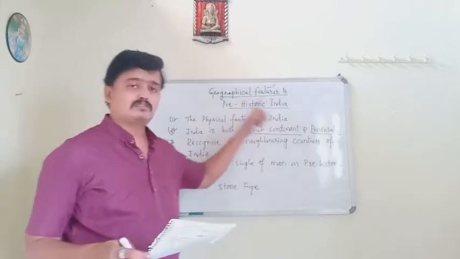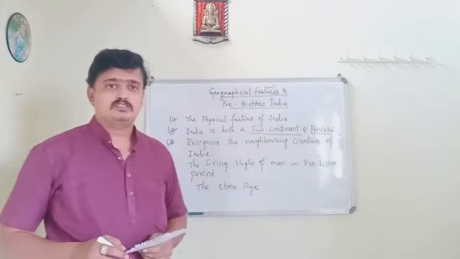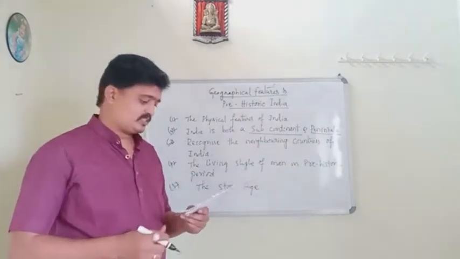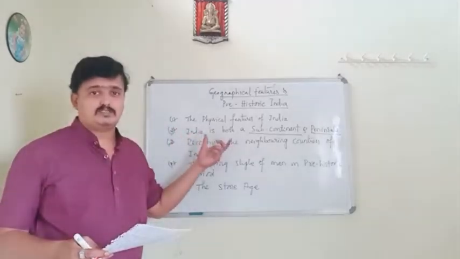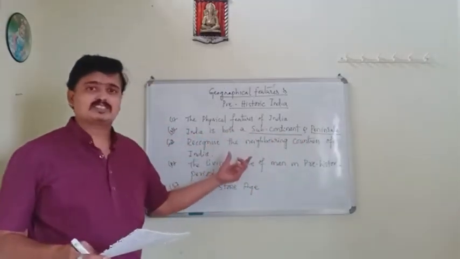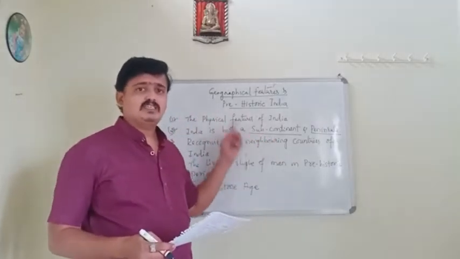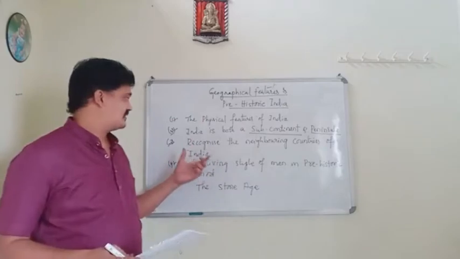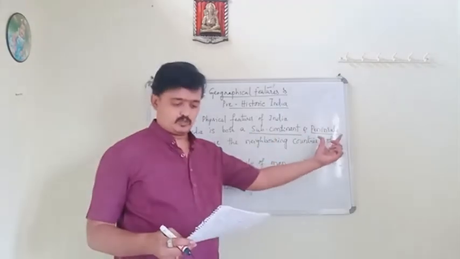And it is also called a peninsula. Why? Because India is surrounded by water on three sides and land on one side. Three sides water and one side land. So because of these reasons we call India a peninsula.